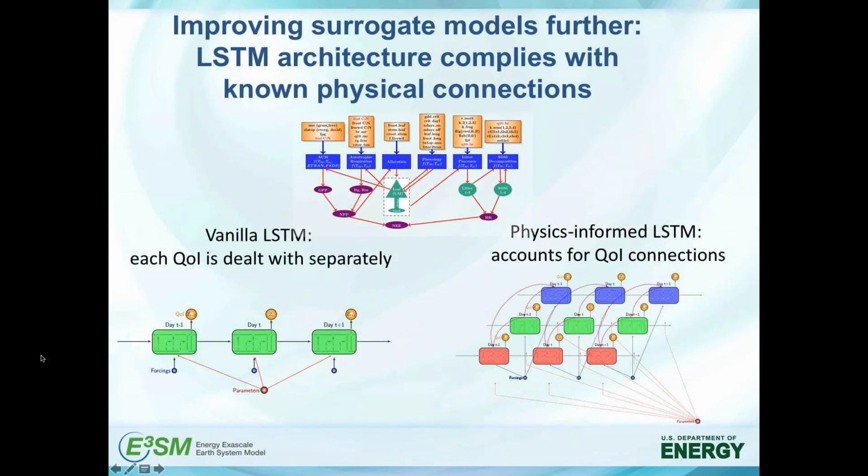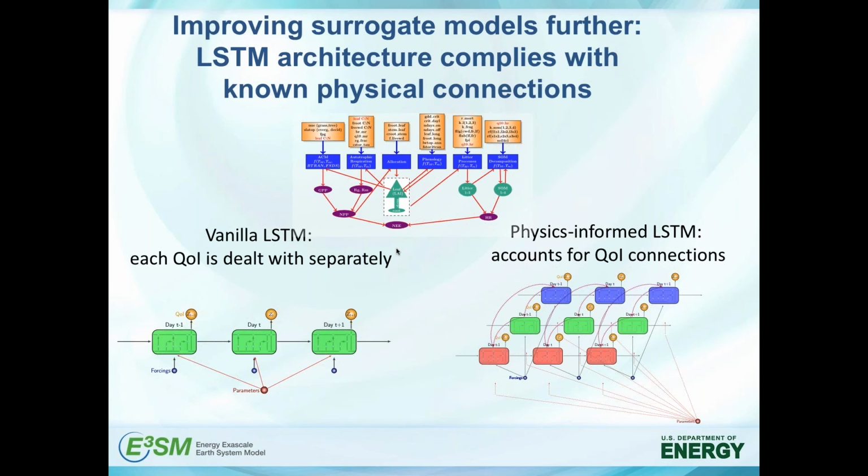And so in this particular work, we started with a simplified version of ELM, where it's just looking at a few of the processes within the carbon cycle allocation, for example, phenology and decomposition. And we built this physics-informed LSTM model to account for some of the connections between the quantities of interest that the model predicts.